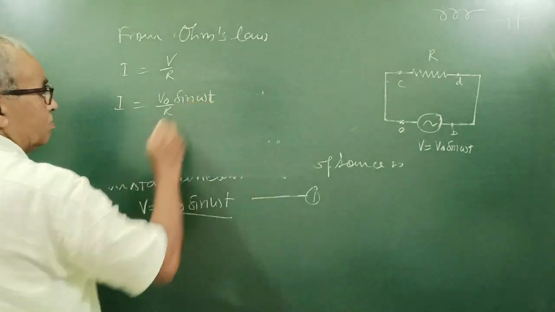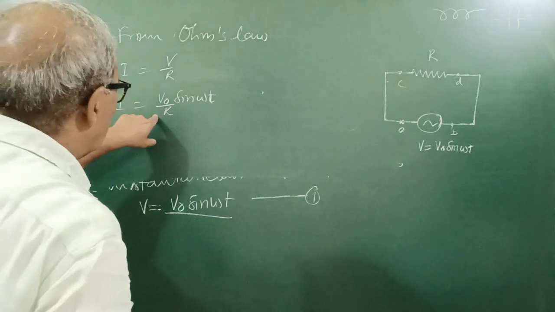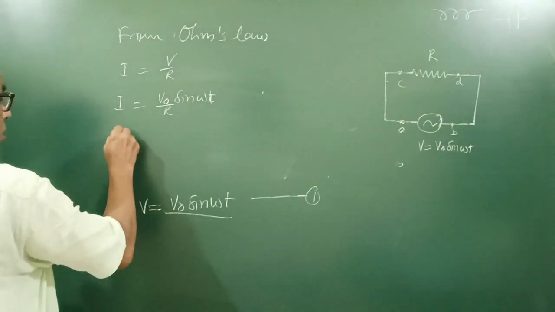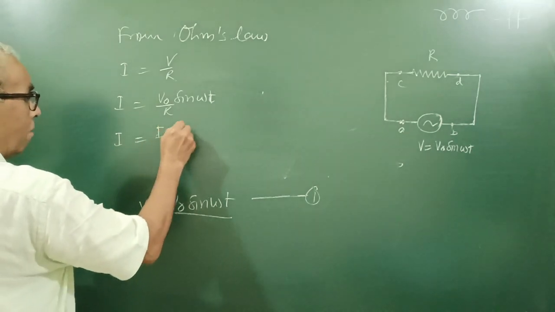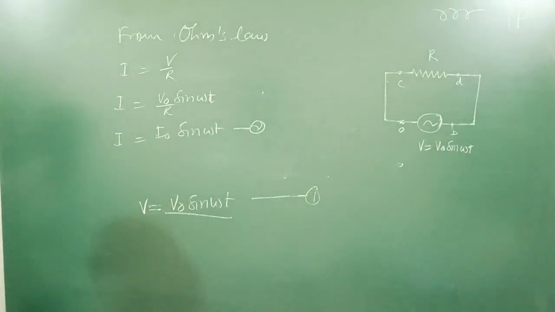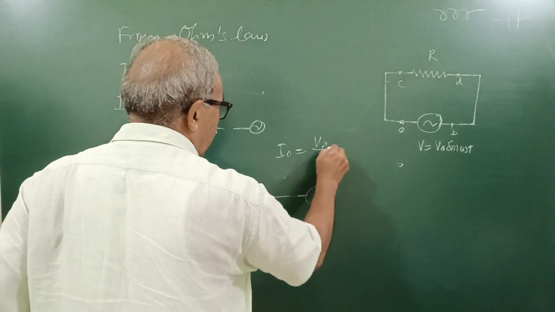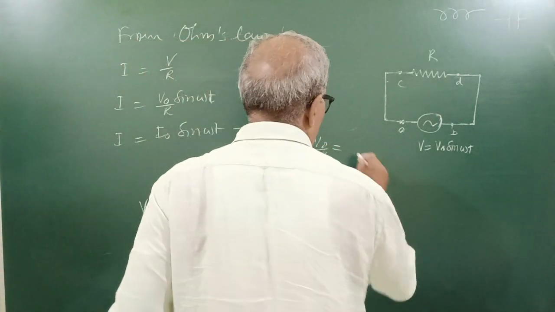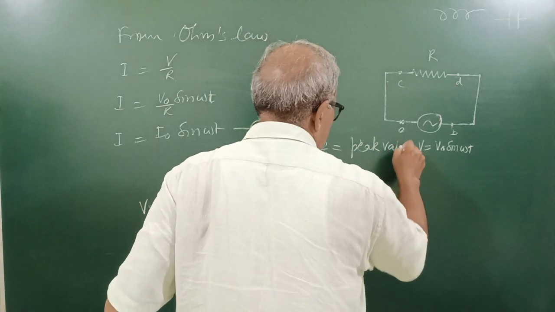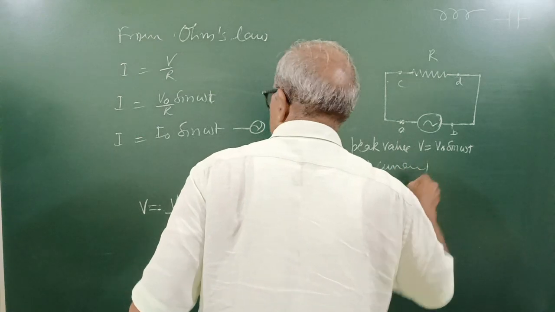Sin omega t is a number, so V0 upon R should be the dimension of current, and we write it as I equal to I0 sin omega t. Here I0, which is V0 by R, is the peak value, the maximum value of current.